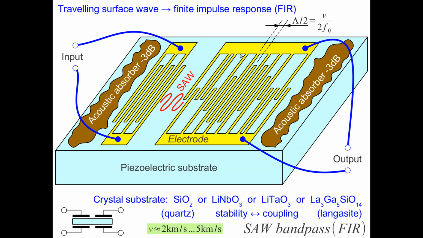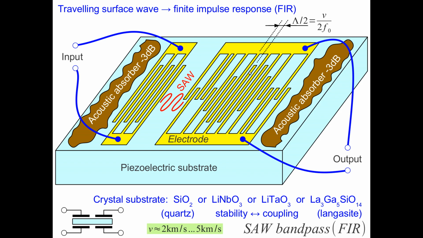In order to have a good, almost rectangular shape of the filter, we need at least one electrode shaped as sin x over x. You see inside here the sin x over x. So the sin x over x shape in the time domain, because we have here time domain, equals a rectangular response in the frequency domain.